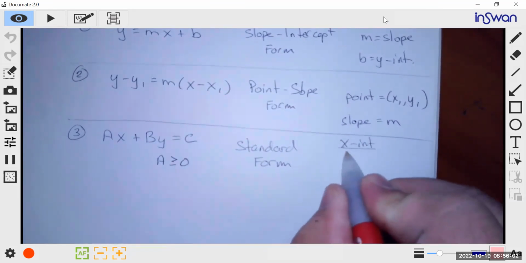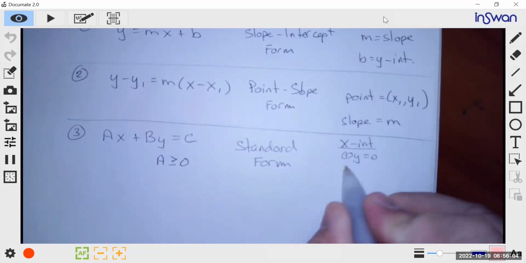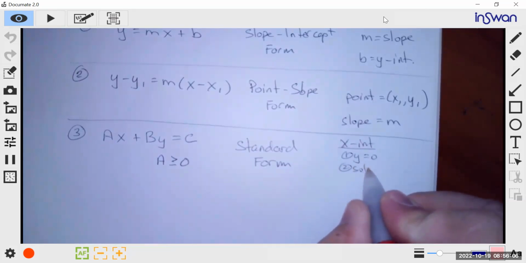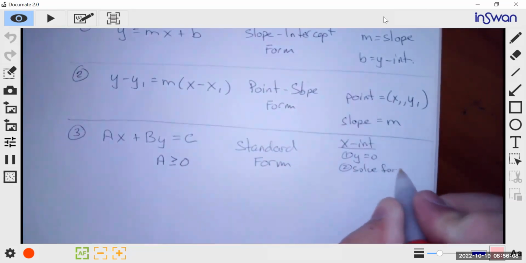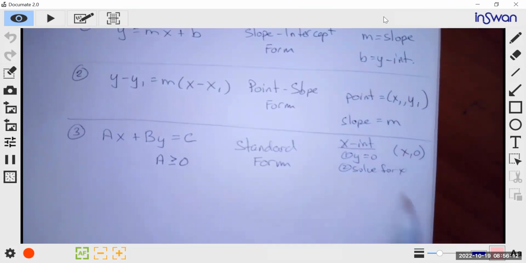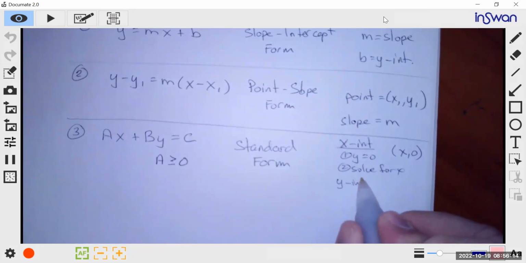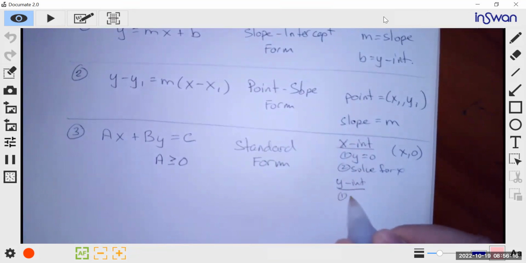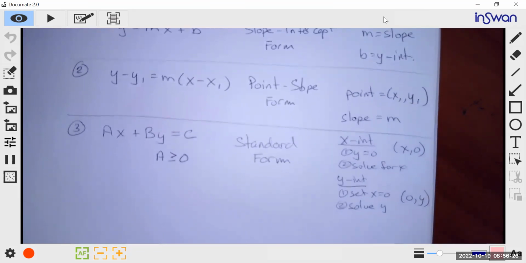So for the x-intercept, y equals 0, solve for x, so you're going to have a point (x, 0). The y-intercept, set x equals 0, solve for y, so you'll have (0, y).